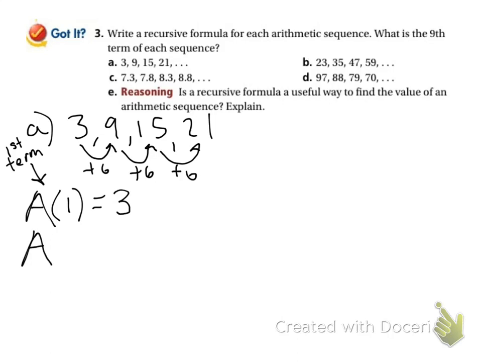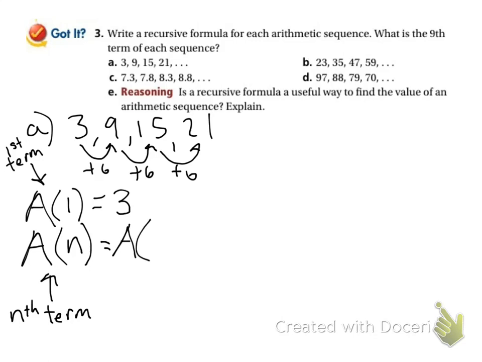And then I want to find the nth term. I want to give a generic equation. So this is for the nth term. Let's say to figure out the 100th term, I need to know the term before it. That'd be the 99th term, right? If I'm finding the 100th term, I would plug in 100 here, and the term before it would be the 99th term. So you're subtracting 1: 100 minus 1 gives you 99.